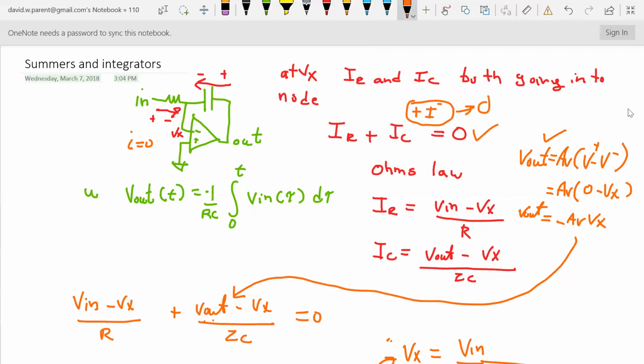But I have the output connected back into the negative side of the input via the ZC, that current IC is my feedback mechanism.